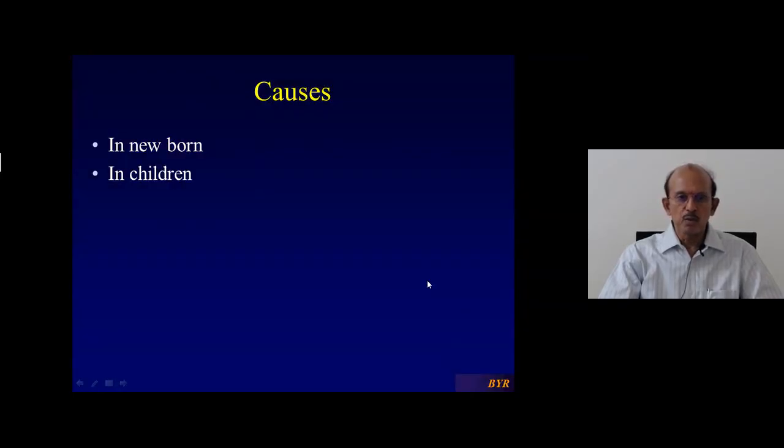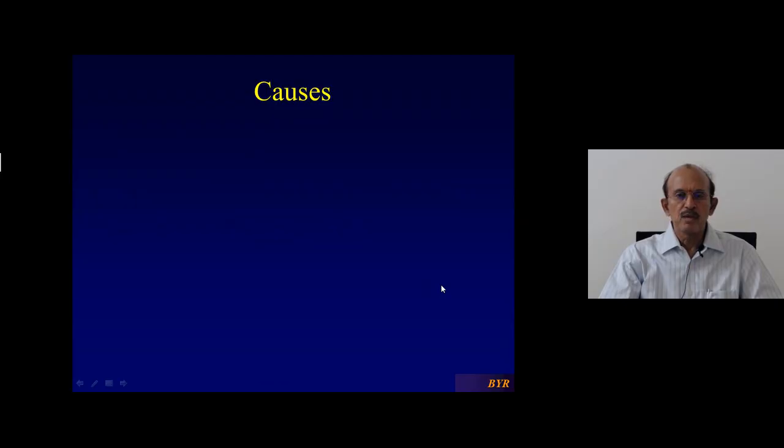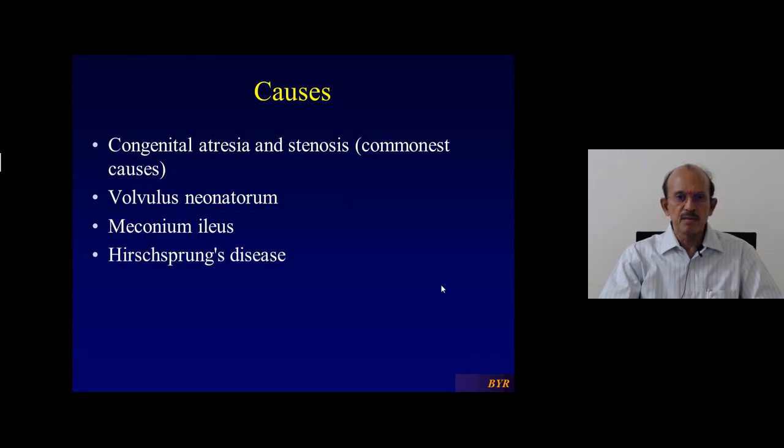So intestinal obstruction in the newborn, in the children, in adults, and in elderly. So first let us study about acute intestinal obstruction in the newborn. Causes: congenital causes like congenital atresia and stenosis, volvulus neonatorum, meconium ileus, Hirschsprung's disease.